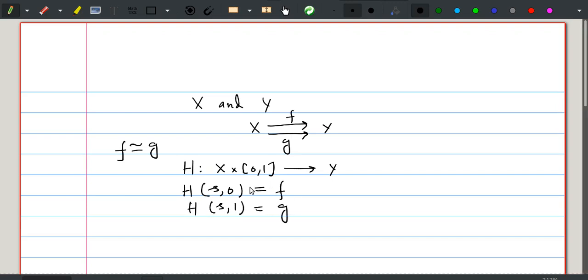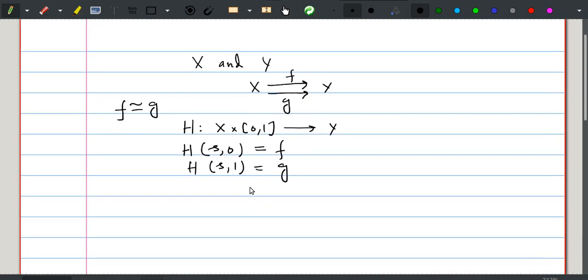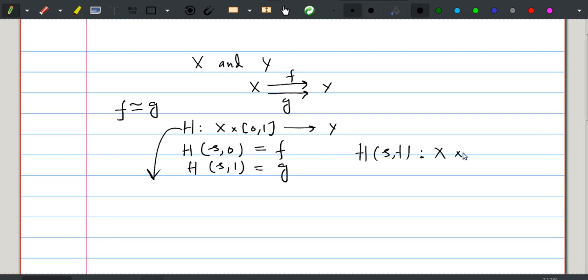So in that case, f and g, they are homotopic. Note that this H is actually a family of continuous maps for different values of t, where t is a value from this interval.